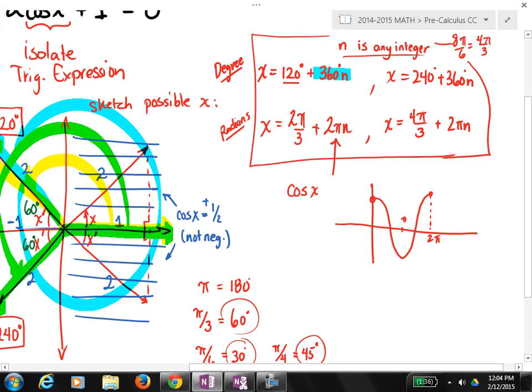We can continue doing the markers, but I'm just going to do a couple of these periods. And remember, we're looking for when was cosine of x equal to negative 1/2. So basically what we're getting at is this point probably belongs to 2 pi over 3. This point probably belongs to the pi over 3.